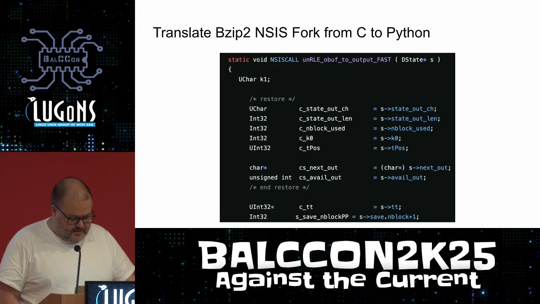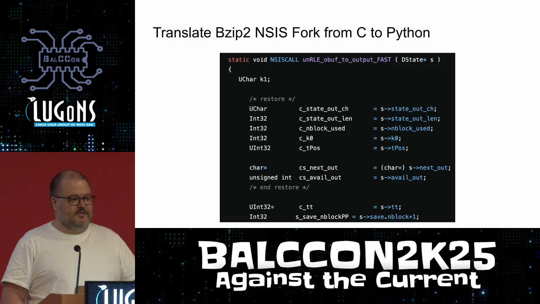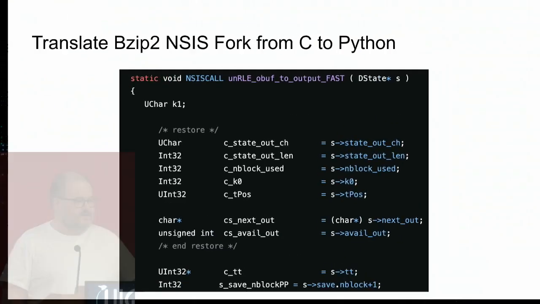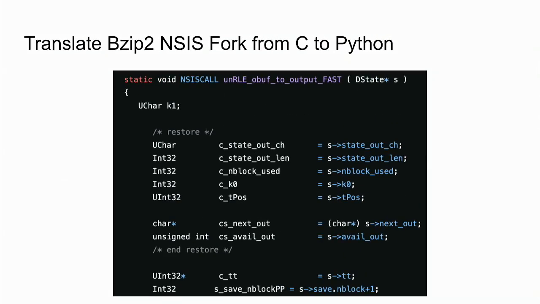Now, one of the things I learned is that this is some ancient technology from like the 90s, right? So computers back then didn't have the ability to load as much data into memory as you would need to decompress something all at once.